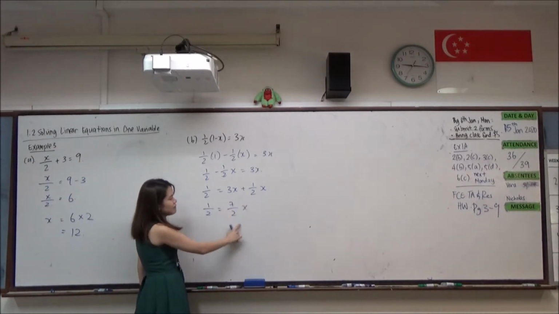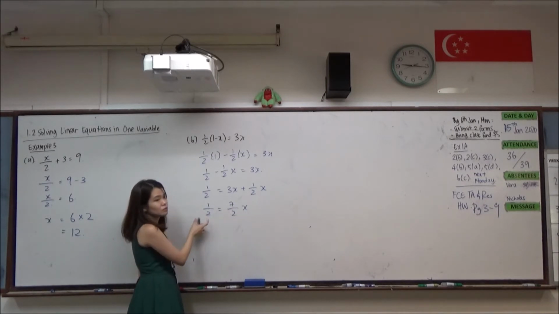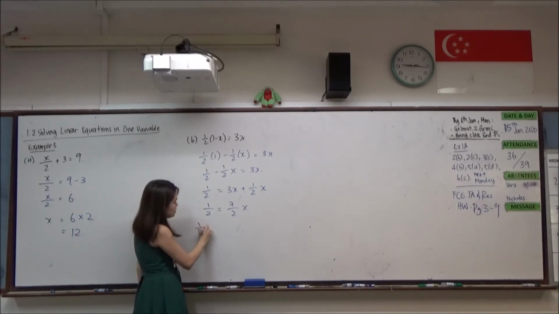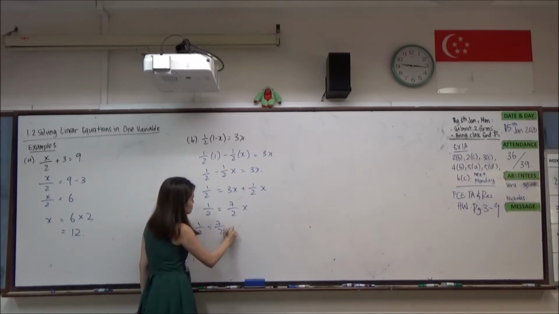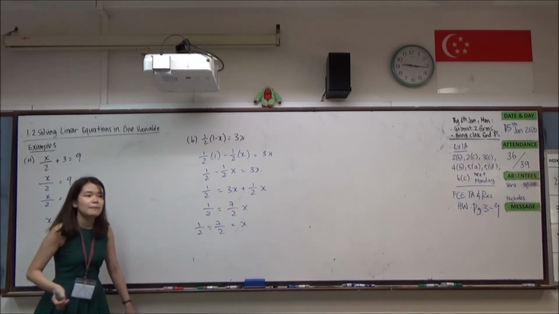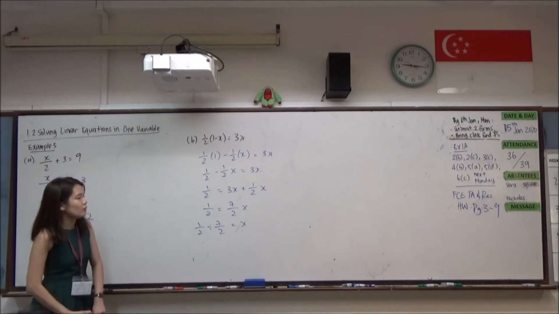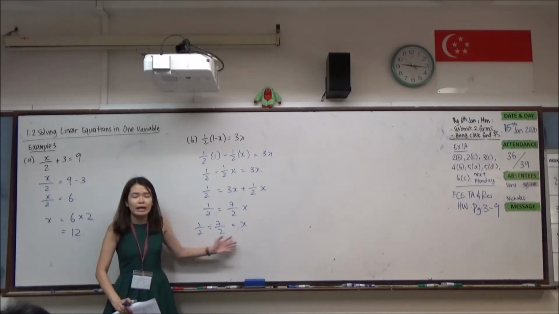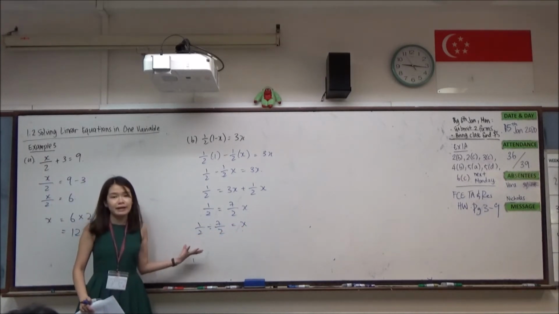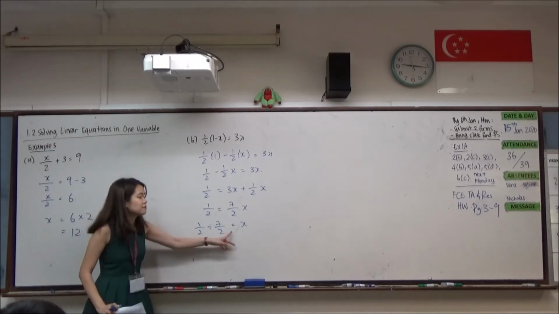The reason is because it is 7 over 2 times x. So if there's a times over here and I want to bring the 7 over 2 to the left, I will do a division. So half divided by 7 over 2, I will get the x on the right. In this case, we are keeping the algebra on the right and the numbers on the left, which is also fine, as long as one side, because after all it's equal.